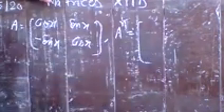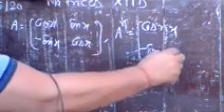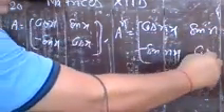Yes, note it. If matrix A is equal to [cos x, minus sin x; sin x, cos x], prove that A to the power n is equal to [cos nx, minus sin nx; sin nx, cos nx].